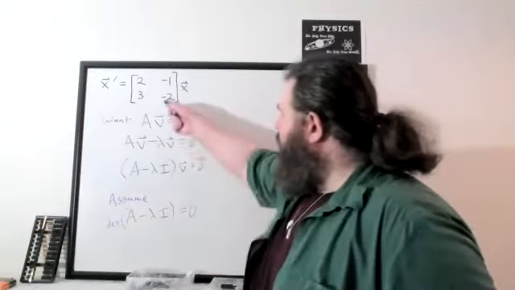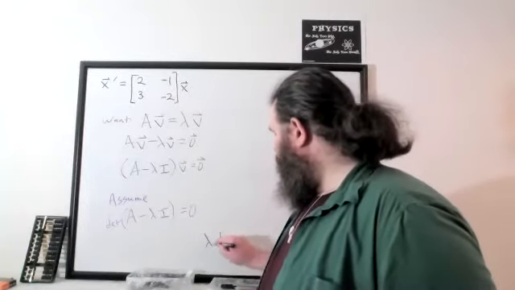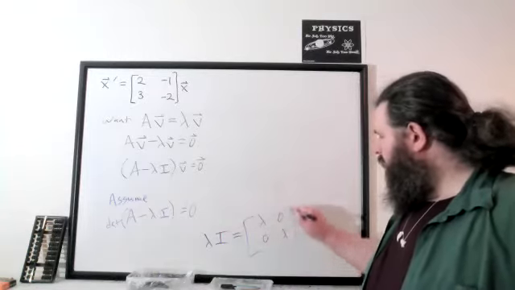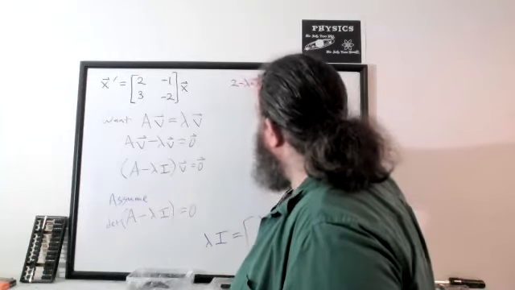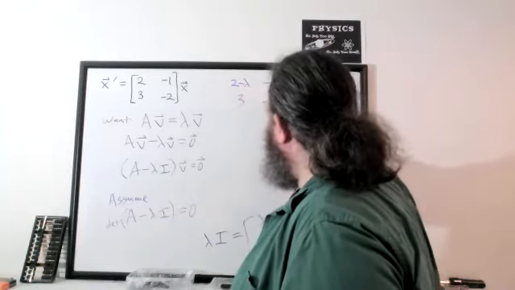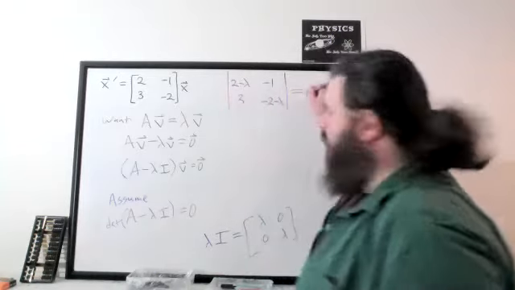We write out A minus lambda I, which basically just means we're subtracting lambda from everything on the main diagonal, because lambda I is lambda, 0, 0, lambda. So we get 2 minus lambda, -1, 3, -2 minus lambda. We're taking the determinant of that and setting that equal to 0.